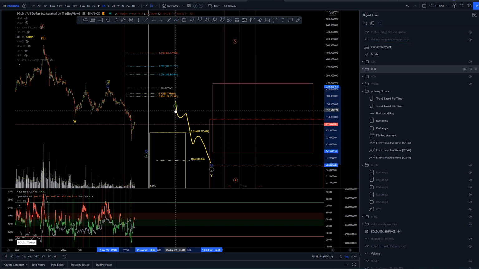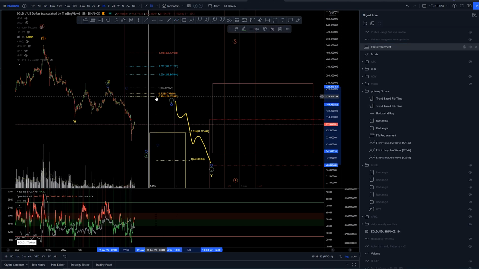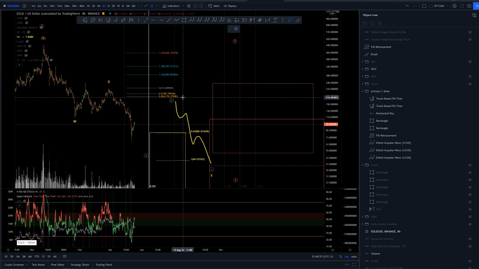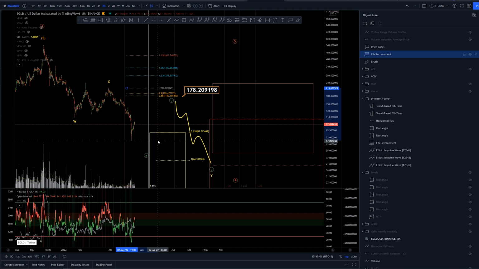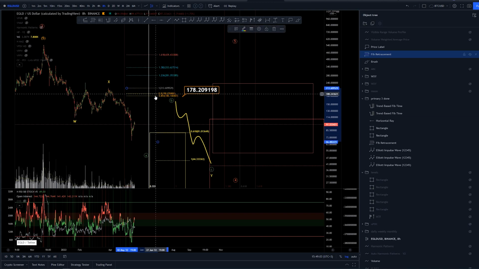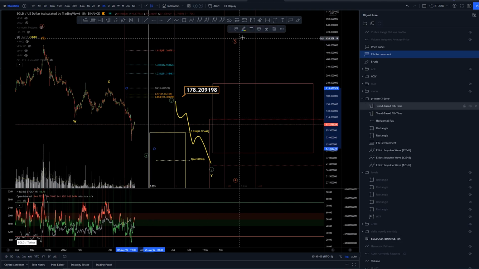So any targets below the $178 for the B wave is fine, as long as we just make a lower low here. Again, this target is slightly modified depending on how low we get here for the A wave.